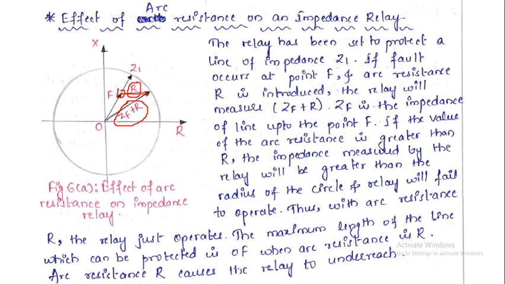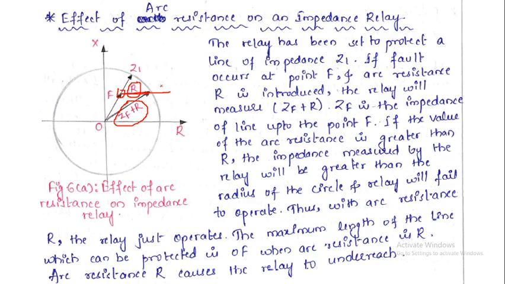If the arc resistance is beyond this value, it goes beyond the circle of the impedance relay, beyond the protective region of the impedance relay. So if the measured impedance R is greater than the radius of the circle, the relay will fail to operate. As and when this case happens, the relay will be in a non-operating condition.